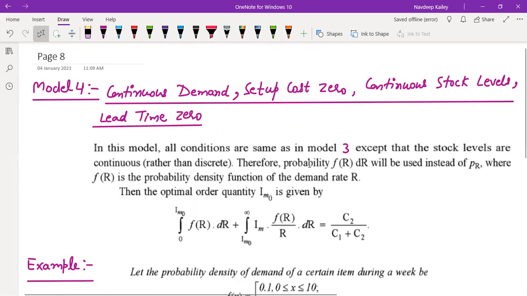Similarly, f(r) dr will be used instead of Pr, where f(r) is the probability density function of demand rate r. Then the optimum order quantity is given by the integral from 0 to Im of f(r) dr plus the integral from Im to infinity of f(r) by r dr is equal to C2 upon C1 plus C2. Let's discuss one example of this kind of model.